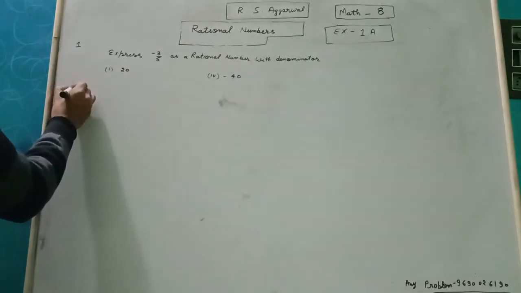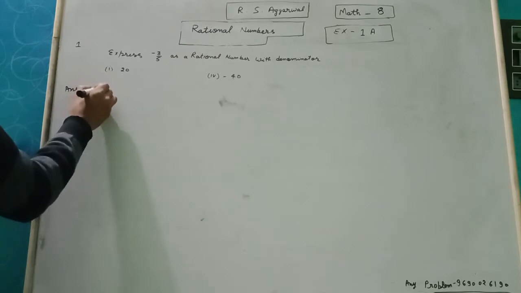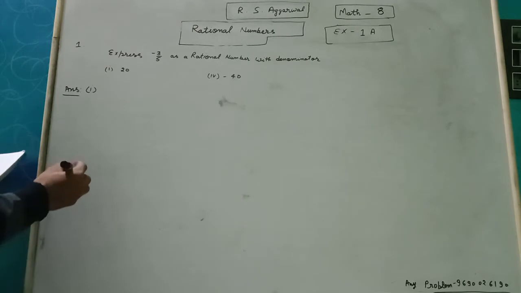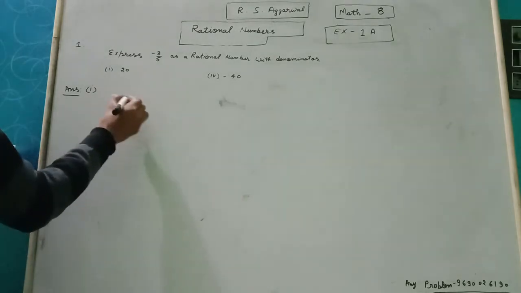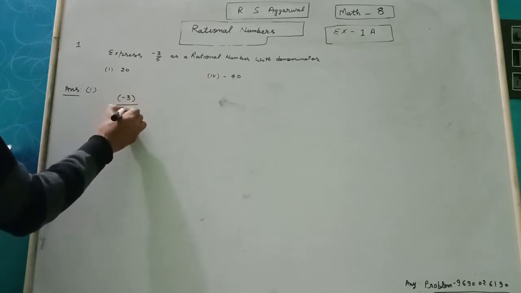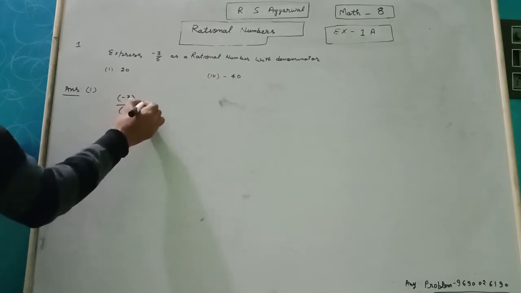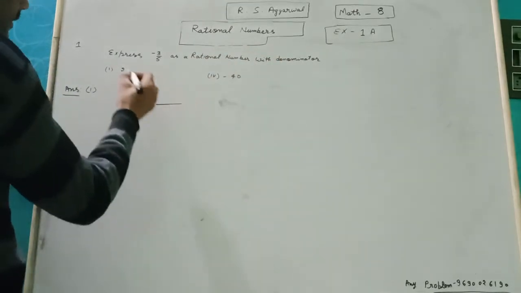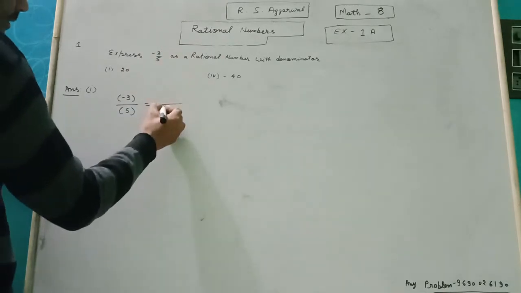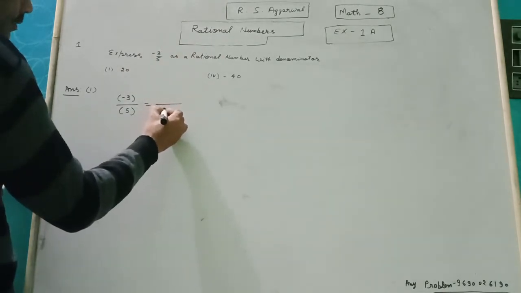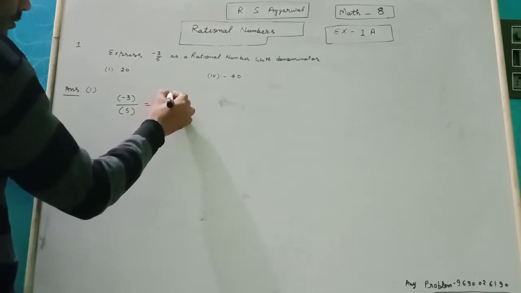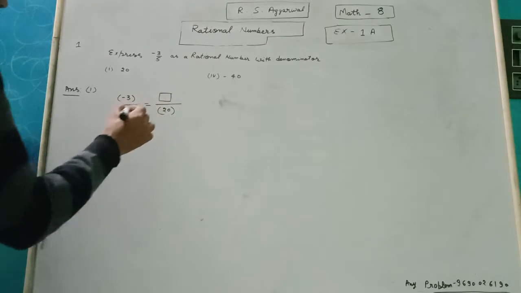First part, we can write -3/5 is equal to... what is the question? Denominator is 20. Numerator is not given, make the box.